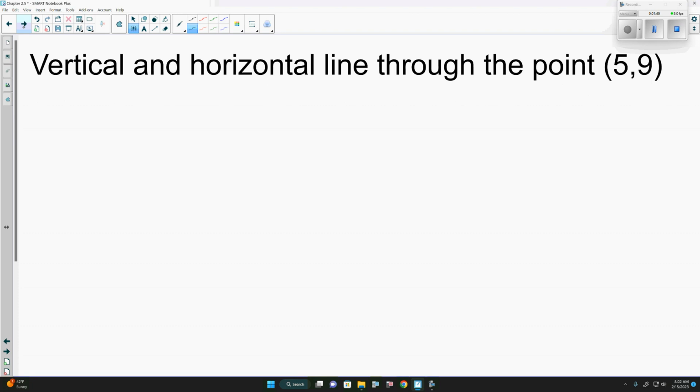So a vertical line is a line that goes straight up and down. This here is not in great perspective, but it will serve for this case in point. Is this point here, the point 5, 9.